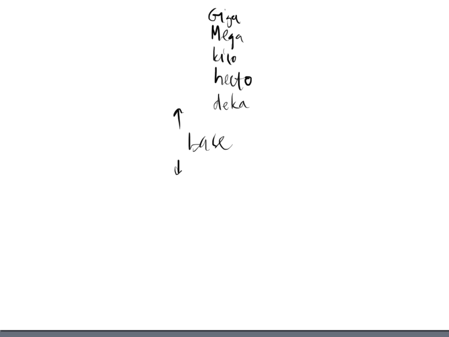Now, I did something that I probably wasn't supposed to do. I'm going to erase this first letter up here. I did it with the G and I did it with the M, but I did not do it with the big K or the big H or the big D for deca. All right, so we've got deca, hecto, kilo, mega, giga, and tera, but tera is not written.